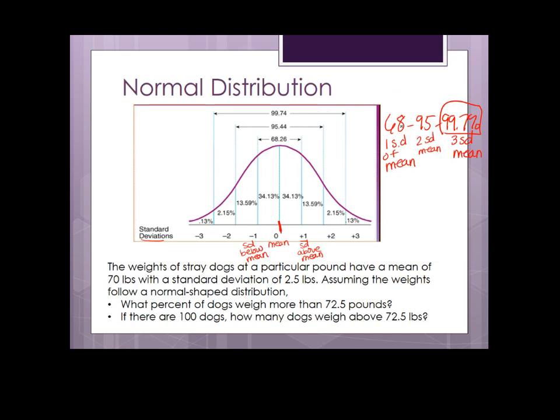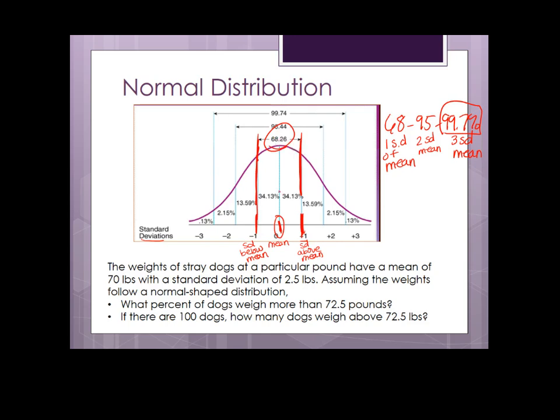So this rule said that 68% of the data is within 1 standard deviation of the mean. So that could be 1 above or 1 below. So notice right here, here's 1 below, here's 1 above, if this is the mean. And 68% of the data falls within 1 standard deviation. And so this is more precise, 68.26 instead of just 68.